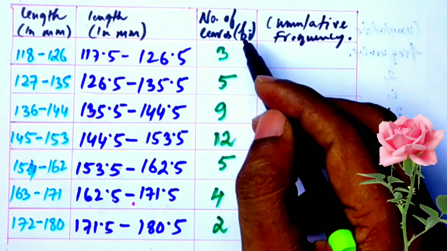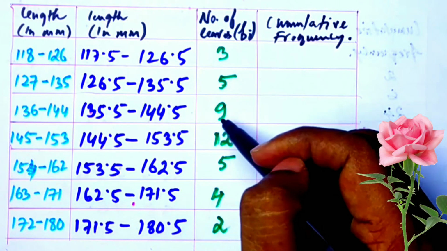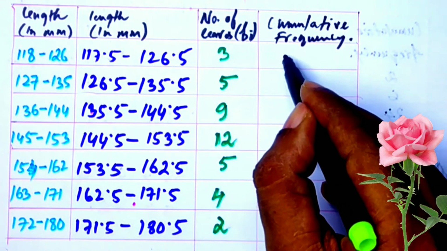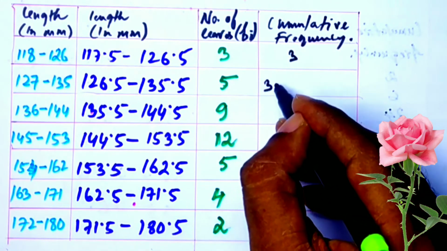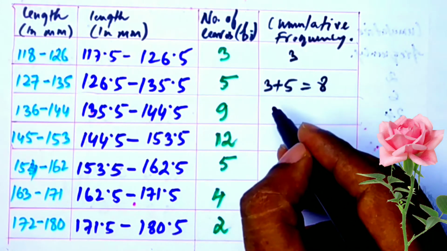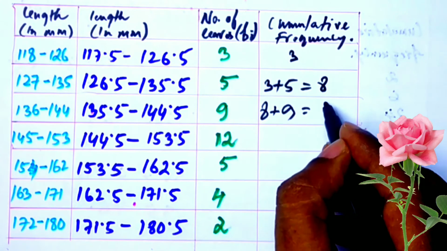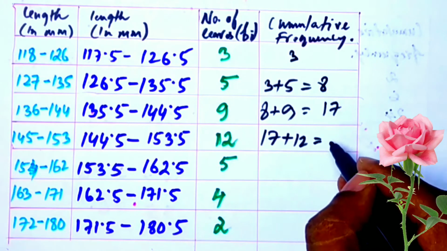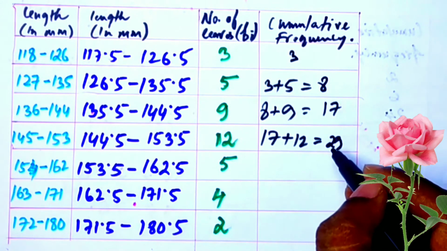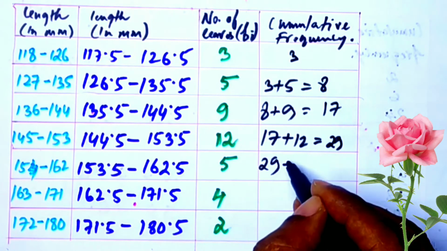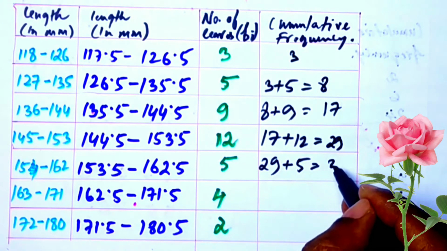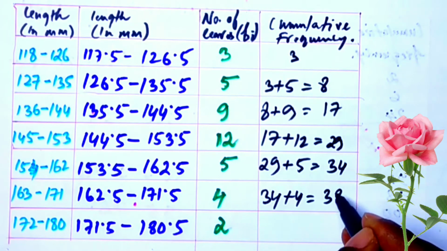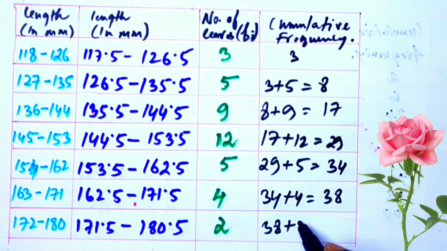We have the number of leaves, the frequencies 3, 5, 9, and so on. So we make the cumulative frequency table. 3 plus 5 is 8. 8 plus 9 is 17. 17 plus 12 is 29. 29 plus 5 is 34. 34 plus 4 is 38, plus 2 is 40.